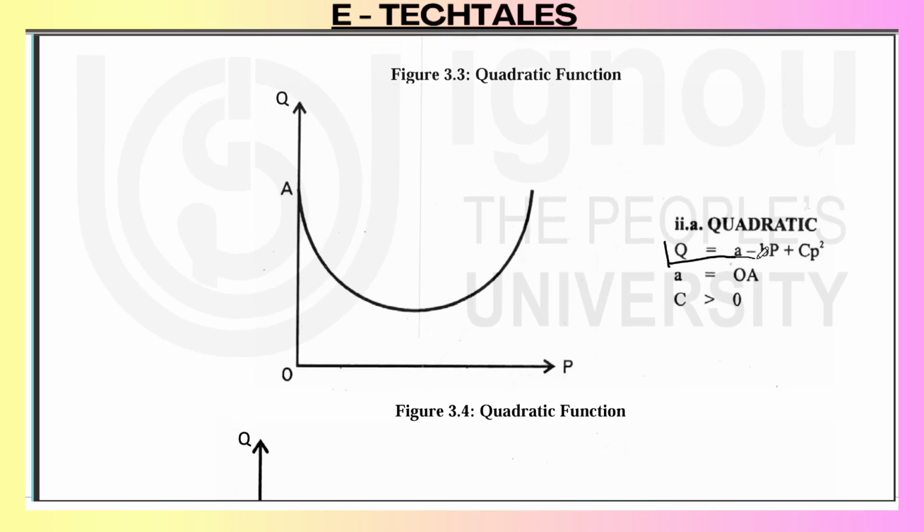This is the equation for the quadratic function, wherein just keep the sign of minus in mind, because firstly it is going down, it's minus, then it is in plus, it's going up. In this way you will remember it in a much better way. And a quadratic equation always has a power of square in the end. So it is somewhat like q is equal to a minus bp plus cp square.